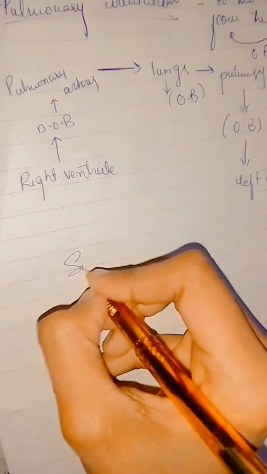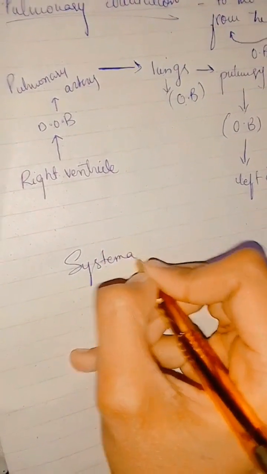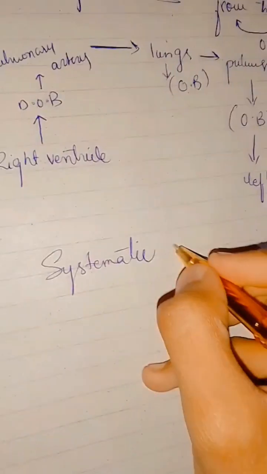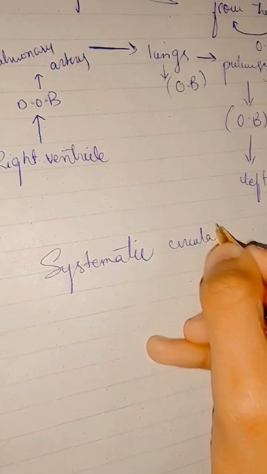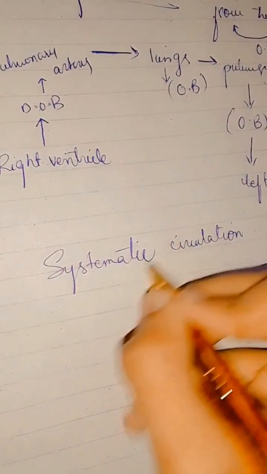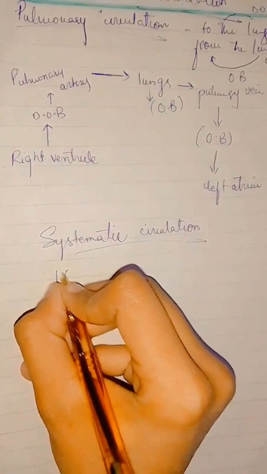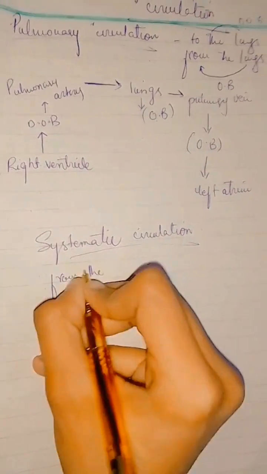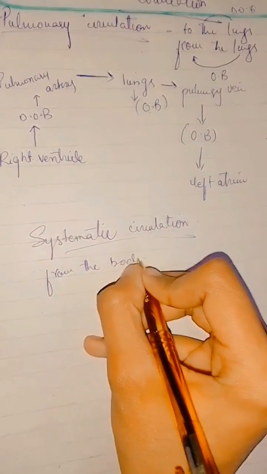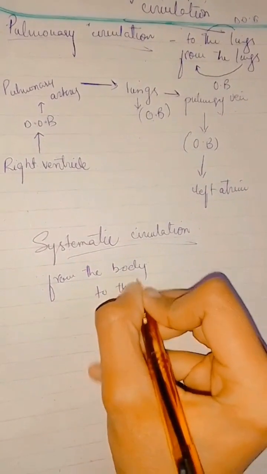Now if we talk about systematic circulation, what is systematic circulation? Here you have to remember, from the body to the body.